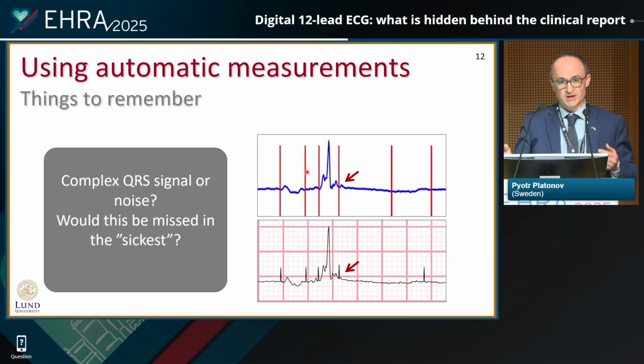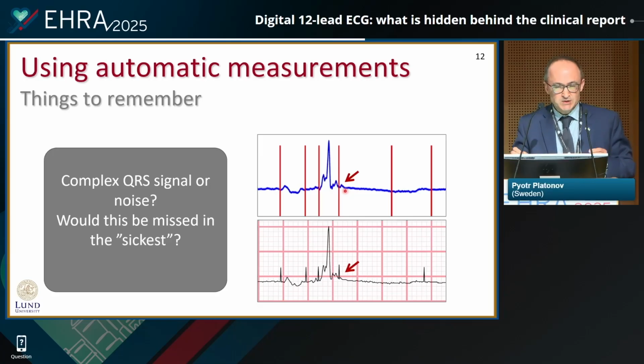Another problem that may occur is noise. And we started talking about that as signal quality is important. This is an example of the same ECG processed with different machines, different algorithms, but they do the same thing. They identify the QRS end here and here, while likely the end of the QRS is still later on.